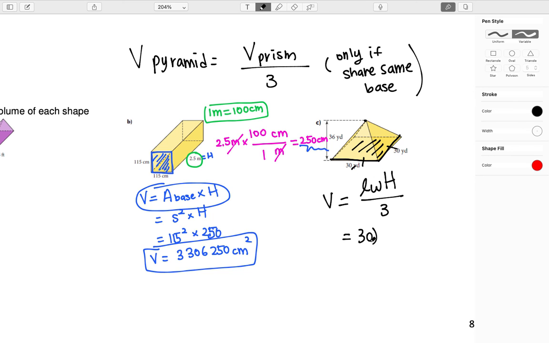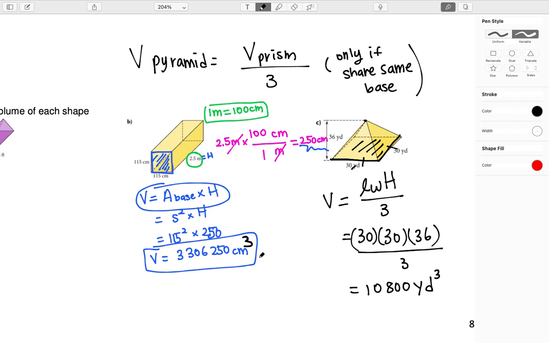So 30 times 30 times the height of the pyramid, which looks like 36, divided by 3. Once you punch it in the calculator, you'll get 10,800 yard cubed. Oops, my mistake. Here, because it's volume, it should be cubic.